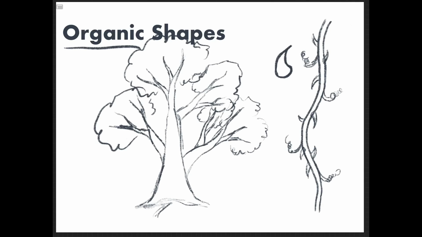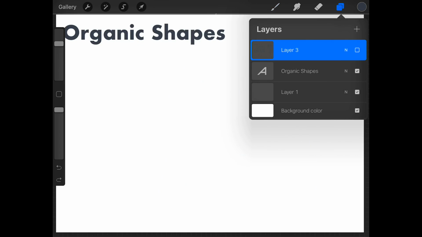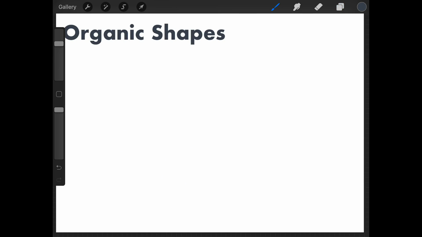Okay, so here we've used organic shapes to draw a tree, to draw a horn, to draw a vine. But can we use organic shapes that don't necessarily look like nature? What would happen if I just dropped a bunch of paint and it just splatted? Would it make a circle puddle? No. It would have lots of goopy, splatty kind of shapes coming out from it. Kind of like that.